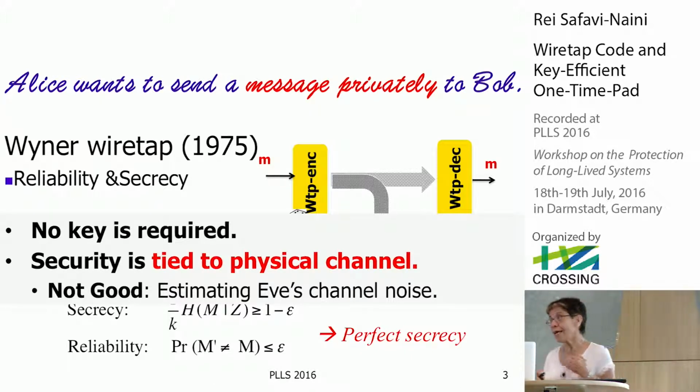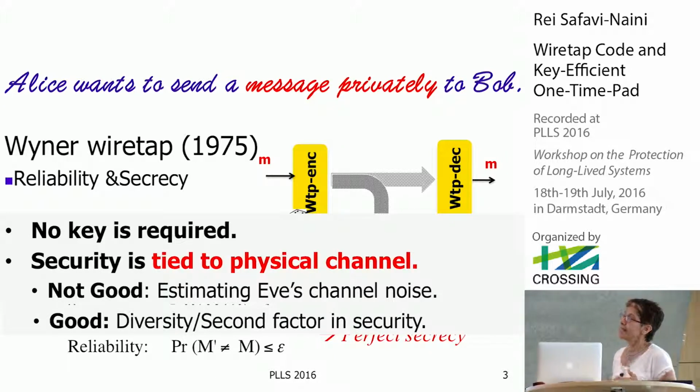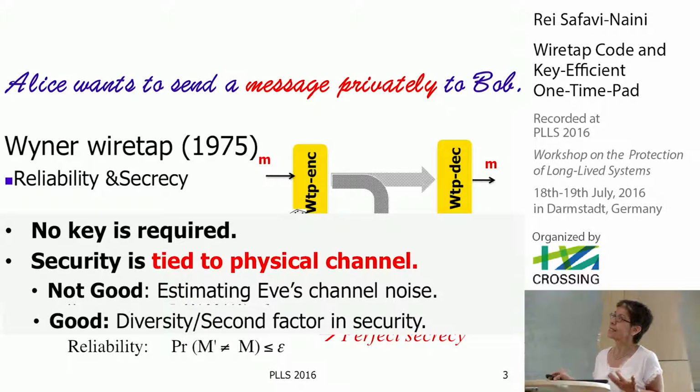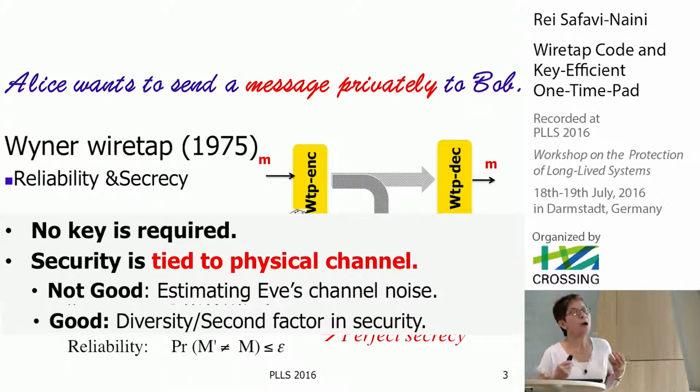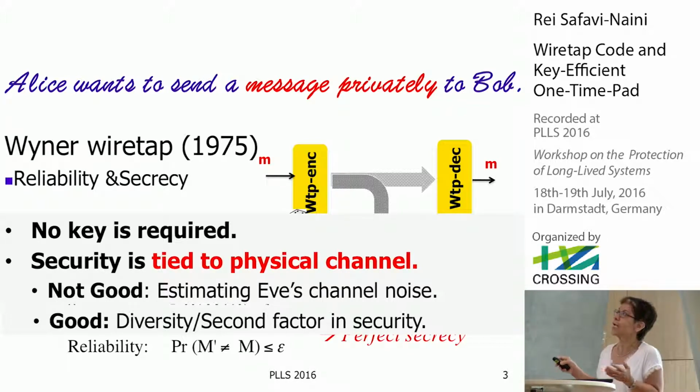But what is very nice about this is that it actually gives us a kind of diversity in security. So now, for every environment, we are actually having a unique encryption system, because now our encryption system really has to tie to the physical environment.